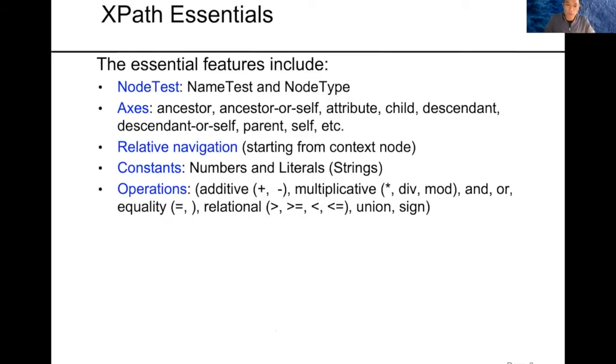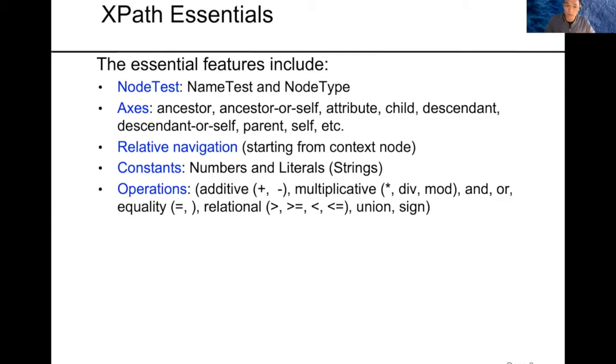XPath includes 5 essential features. The first is node test, including the name test and the node tag. Second is axis, such as ancestor-or-self, attribute, child, descendant-or-self, parent, self, and so on. The third one is relative navigation starting from a context node.